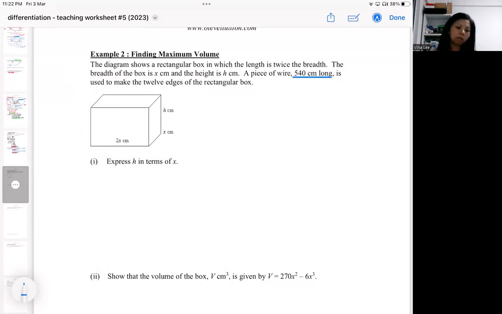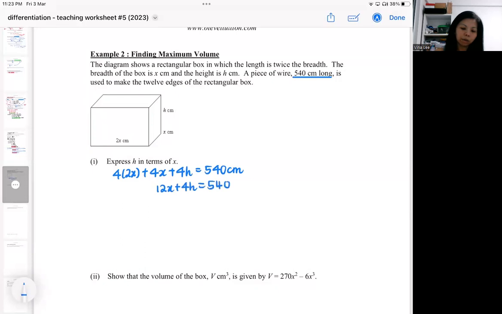So you have to use the 12 edges and the 540 to express H in terms of X. You make use of 4 lengths, 4 breadths which will be 4X, and 4 heights which will be 4H. If you add up the 12 edges, there will be 540 centimeters.